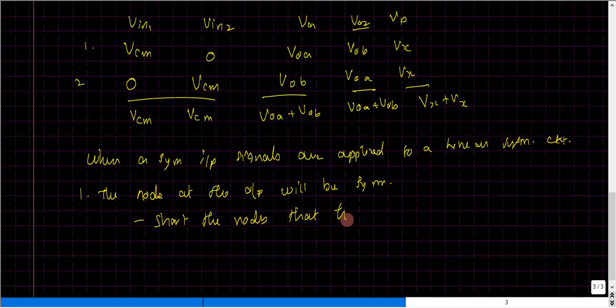That is what I'm writing here: short the nodes that have the same potential.